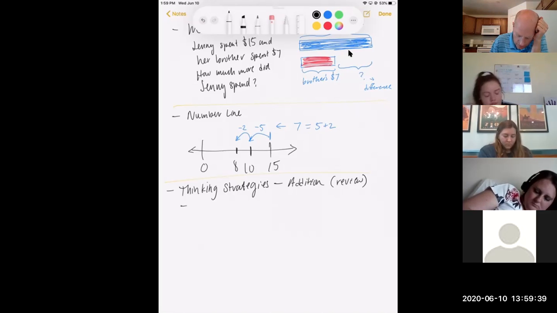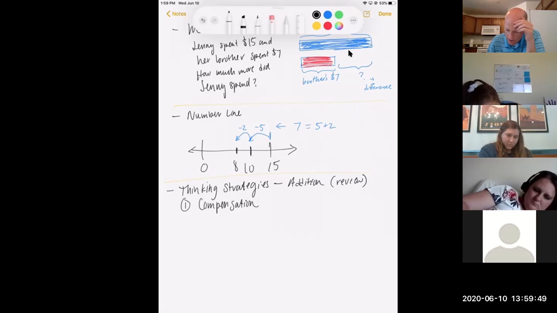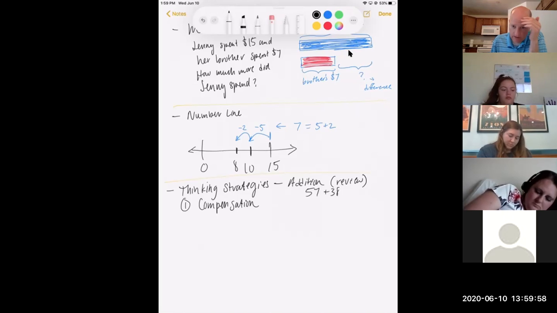So the first one to review is compensation. And for our addition problem, we're going to do 57 plus 38. Compensation with 57 plus 38.